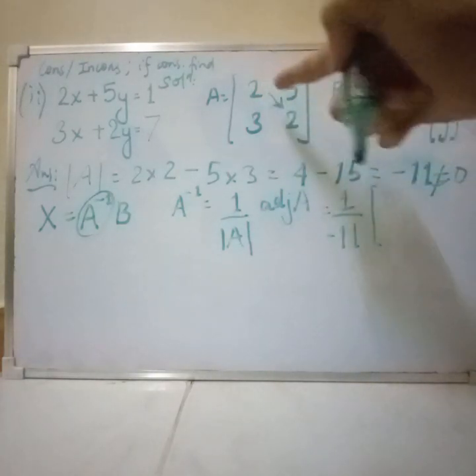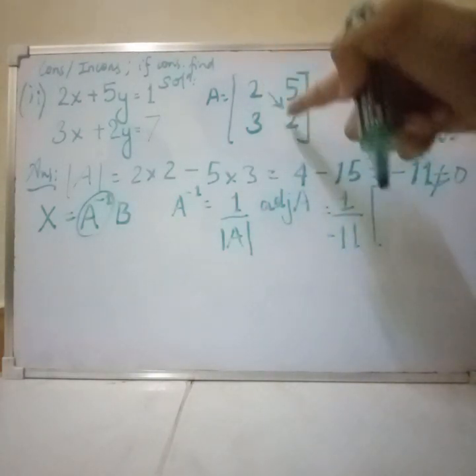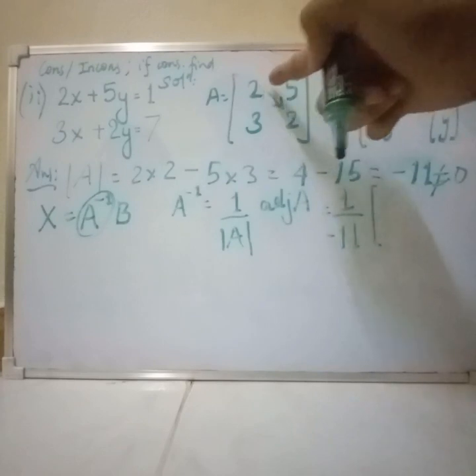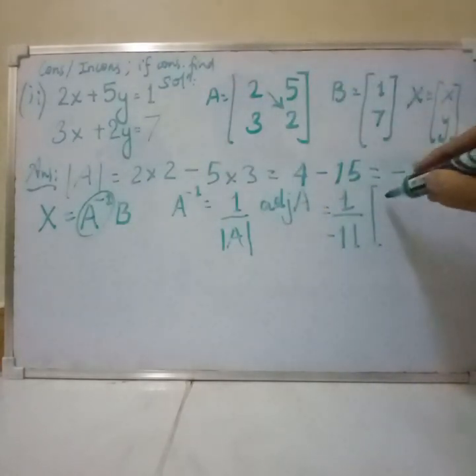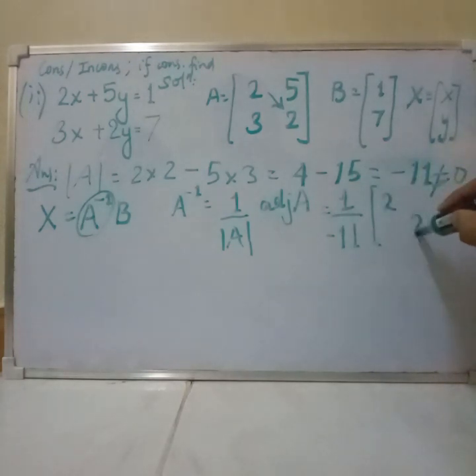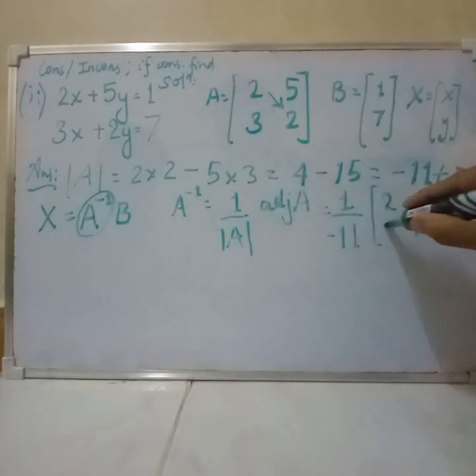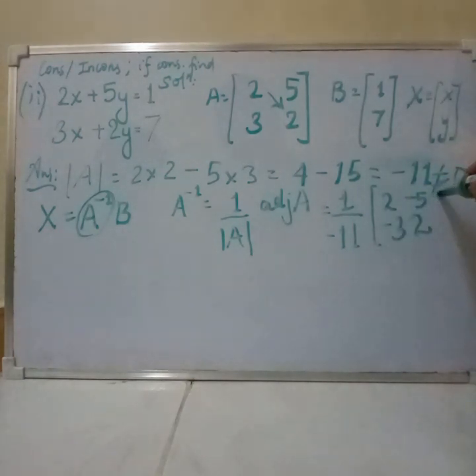For the adjoint of a 2 by 2 matrix, we just switch the places of the primary diagonal elements. So this 2 will go here and this 2 will come here, so it's actually the same. The other two elements will be minus 5 and minus 3.